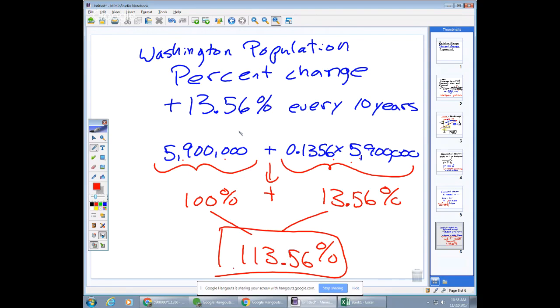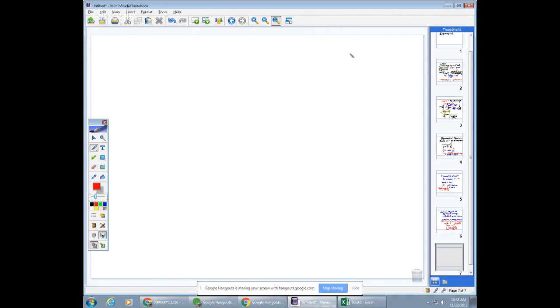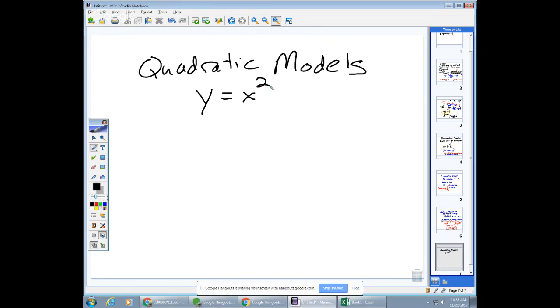All right, last one we need to differentiate between is quadratic models, or quadratic equations. There are things like y equals x squared as an example. If I throw something up in the air and watch it fall, gravity's pulling on it.